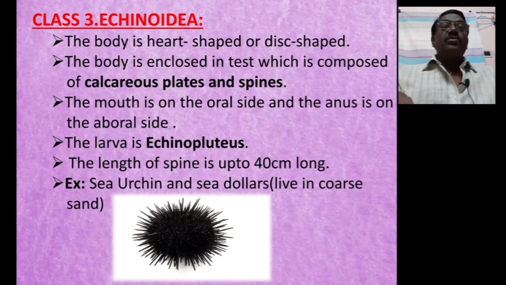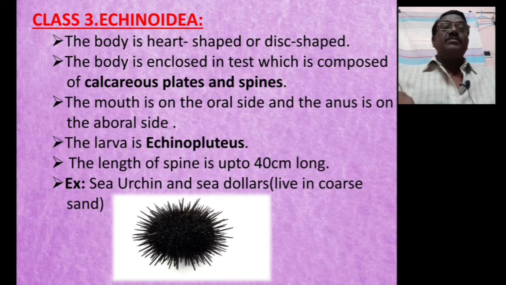The third class we are going to see is ECHINOIDEA. Echin means spines or thorns. Actually, without spines, when we see the animal, the whole body is heart shaped or disc shaped. The body is enclosed in a test. The test is nothing but a thick covering, composed of calcareous plates and spines.